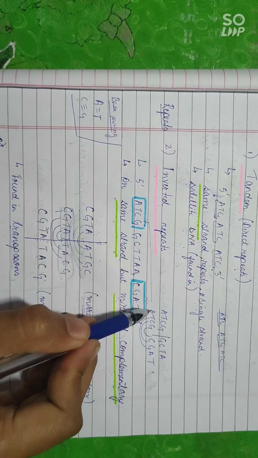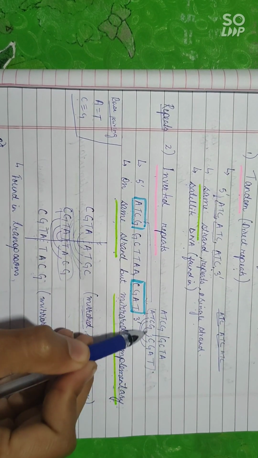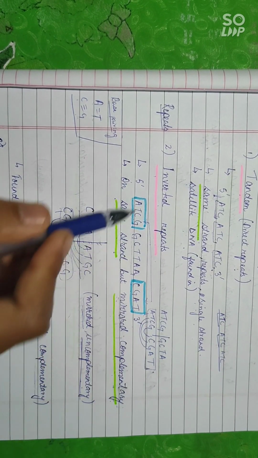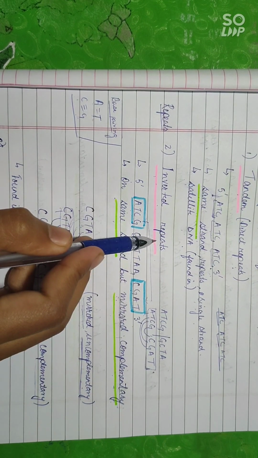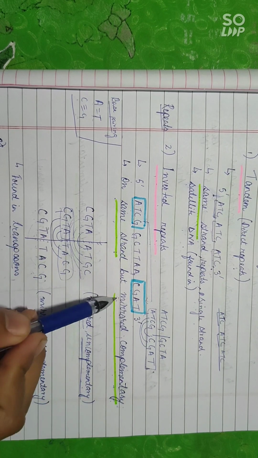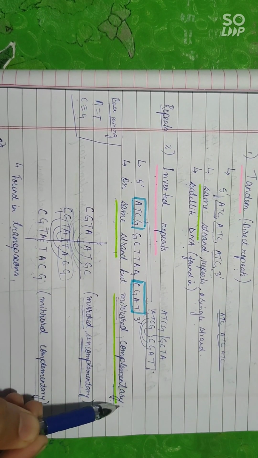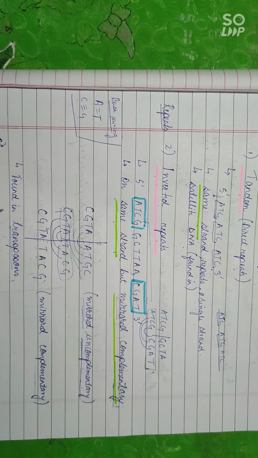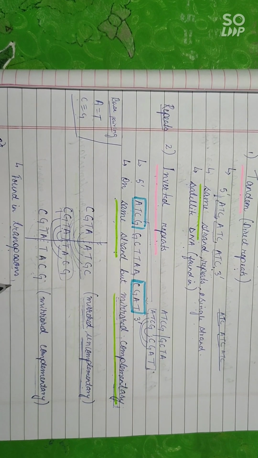And if these two are found on the same strand, then we call it inverted repeats. Note it should be on the same strand but mirrored and complemented to one another. They are actually found in transposons or jumping genes.